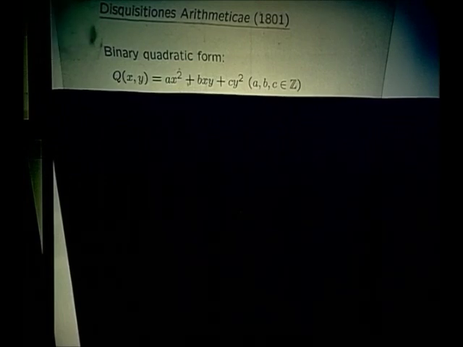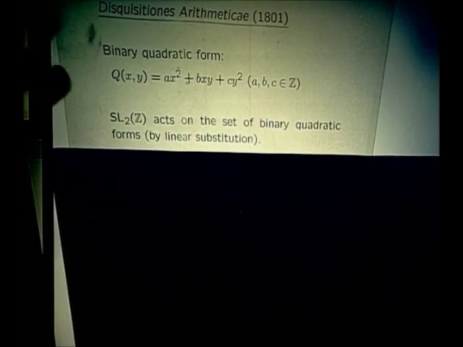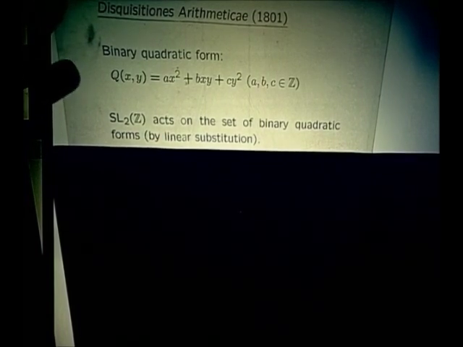And if you look at binary quadratic forms, there's a natural action of SL2(Z) on the set of integral binary quadratic forms by linear substitution of variable. You can replace x by a linear combination of x and y, and y by a linear combination of x and y, and that sends an integral binary quadratic form to an integral binary quadratic form if your matrix of substitution was integral and has determinant 1.